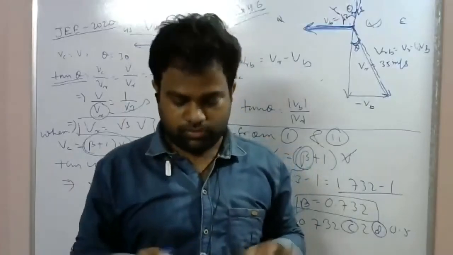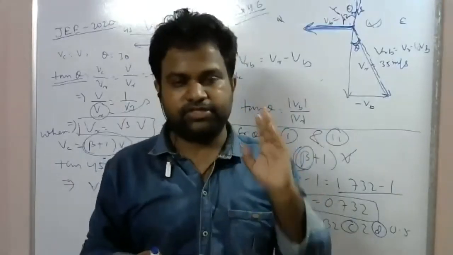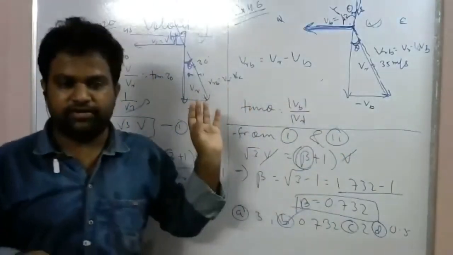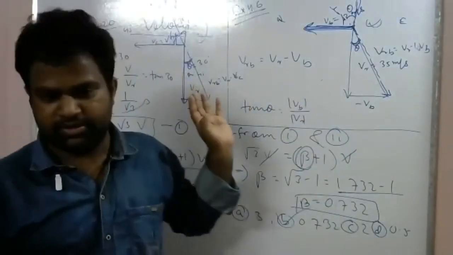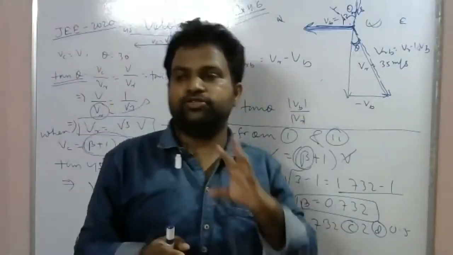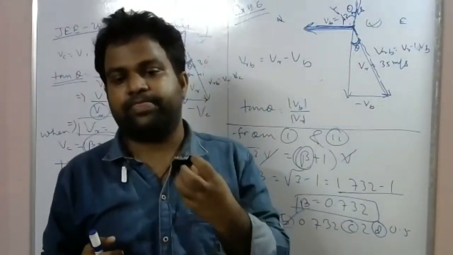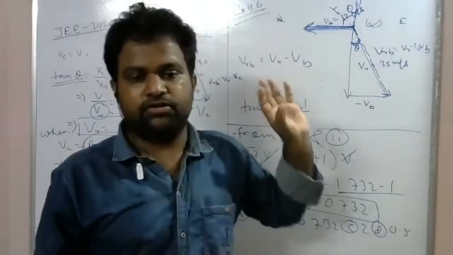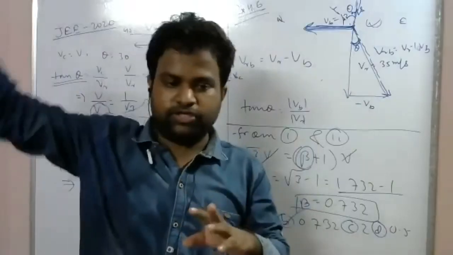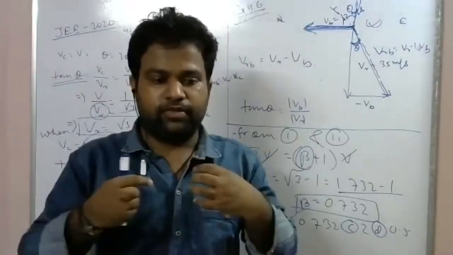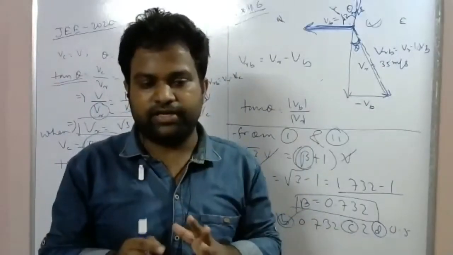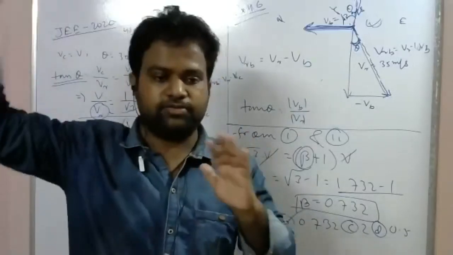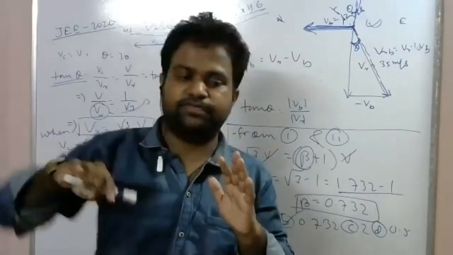So what have we discussed today? Today we have discussed the rain and man problem, popularly called the rain and man problem. These problems come in the exam, and we have used two concepts. One is the resultant velocity concept: when you are standing and holding the umbrella and rain is affected by wind or some other factors, the resultant will come.